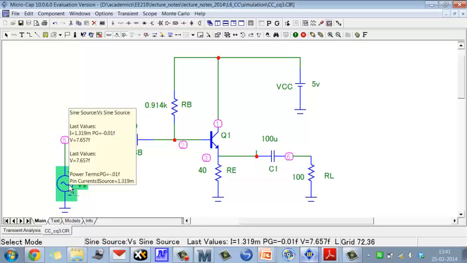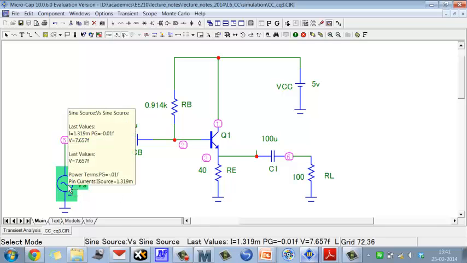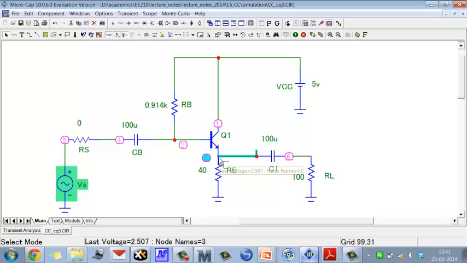For example, in an extreme case of distortion, let's say the sinusoid gets half-wave rectified, and we know that a half-wave rectified sinusoid has a large DC component. So if I look at this node and at its average value, average value meaning its DC value, let's do that.